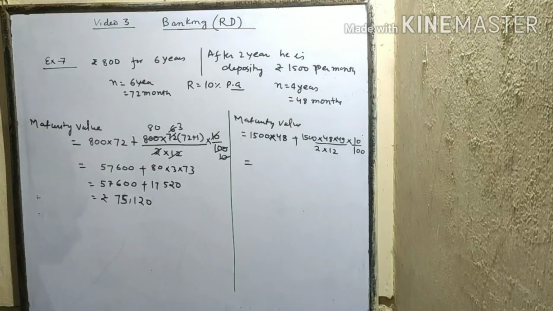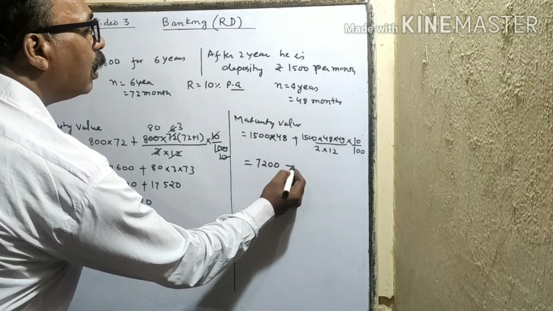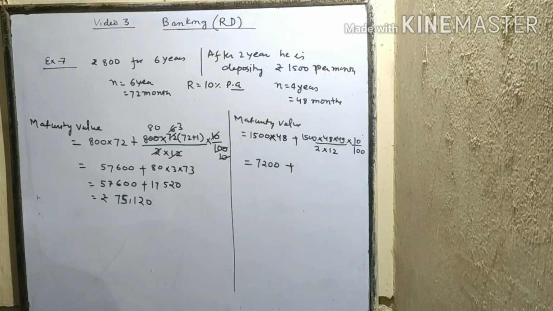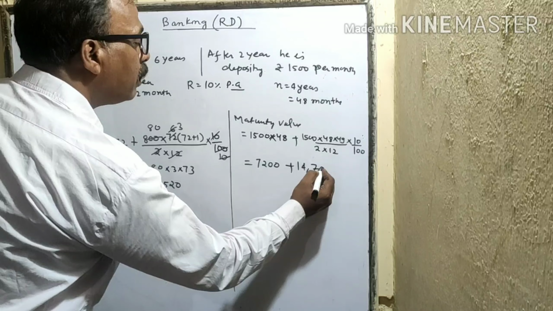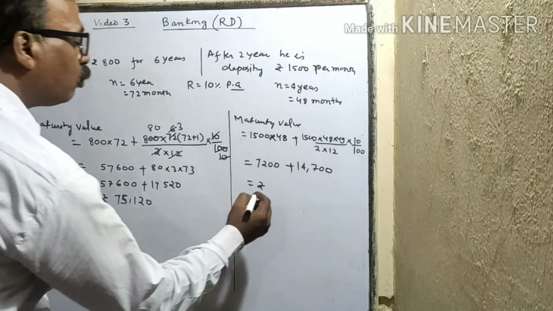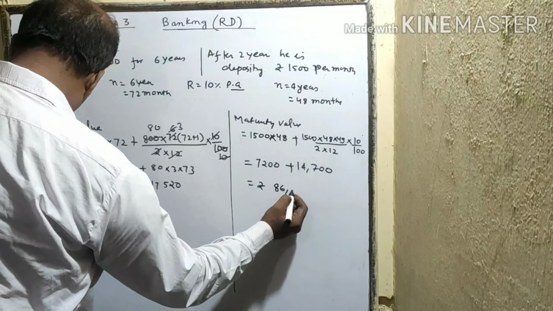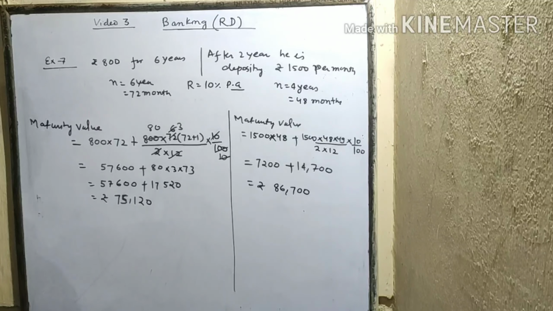So this amount will come out as 72,000. After calculation, you have to do a long calculation, it will come out as 14,700 rupees. When you add both the values, it will come out as rupees 86,700.